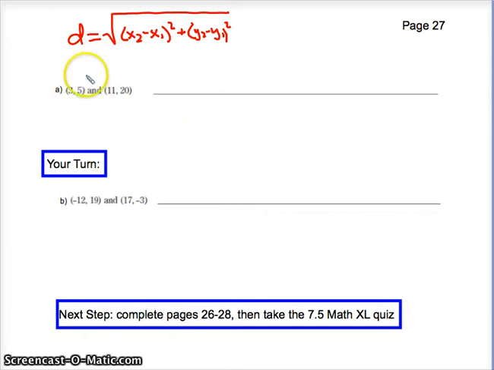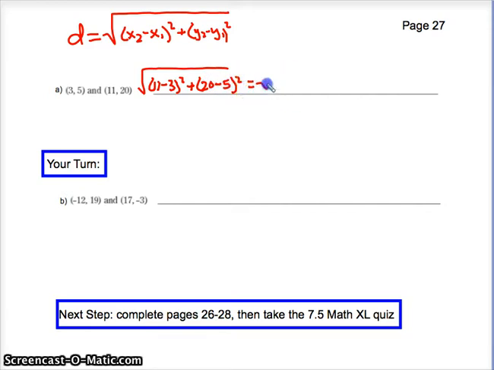Let's use our points here. Start to plug in and find out what our distance is. It's going to be the square root of 11 minus 3 squared plus 20 minus 5 squared.